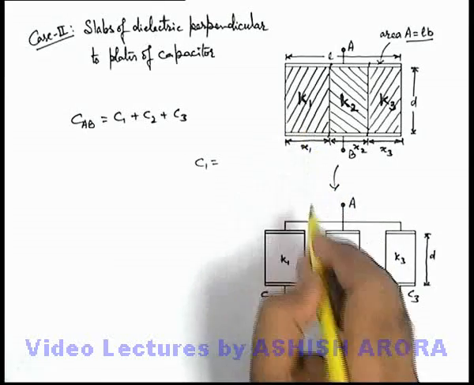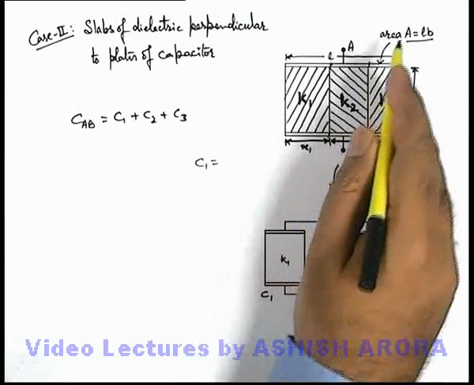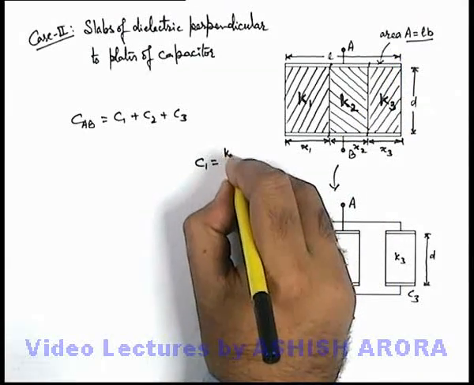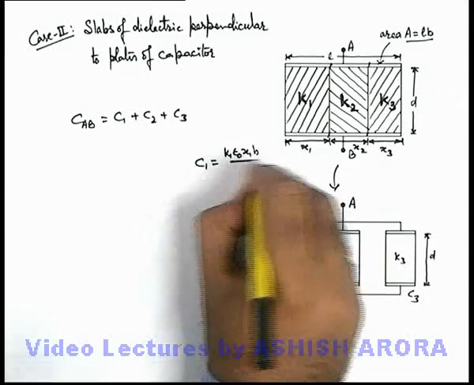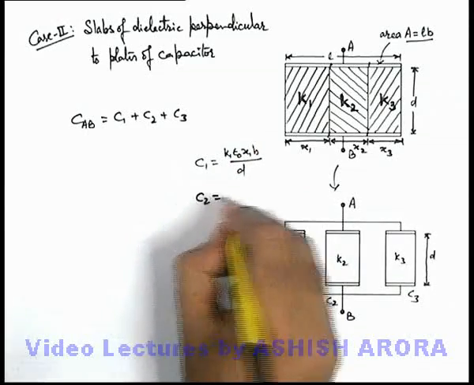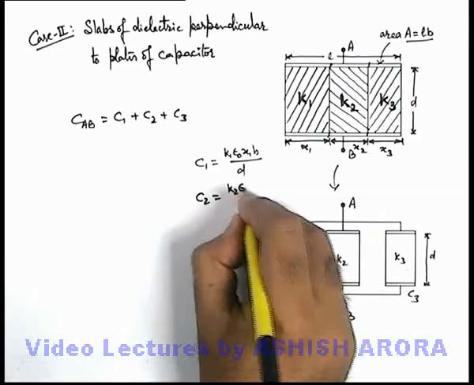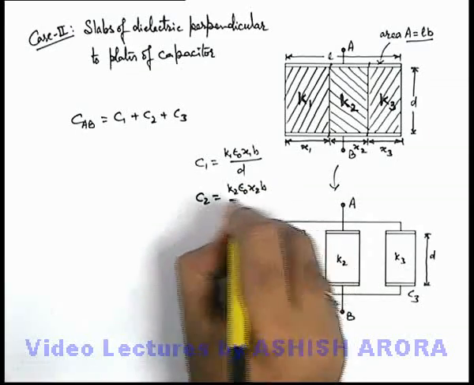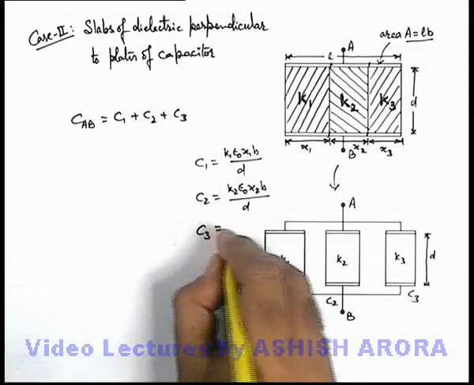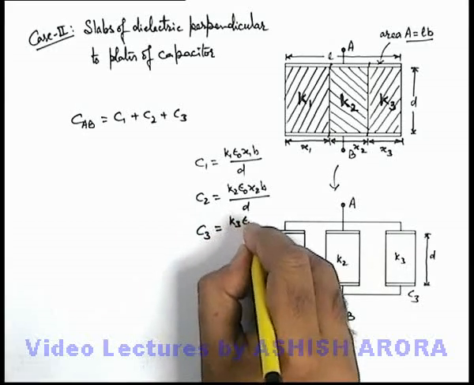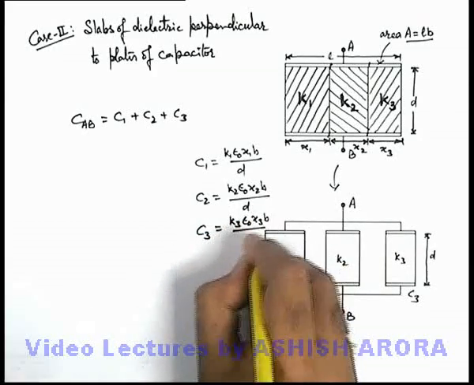For this capacitor C1 the plate area will be X1B. So it can be written as K1 epsilon naught X1B by D. Similarly C2 we can write as K2 epsilon naught X2B by D. This is epsilon naught A by D multiplied by the dielectric constant. And C3 we can write as K3 epsilon naught X3B by D.